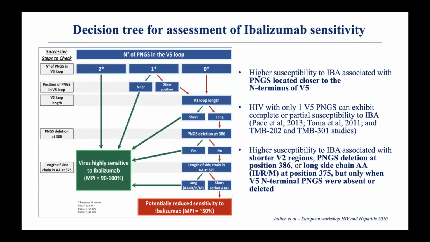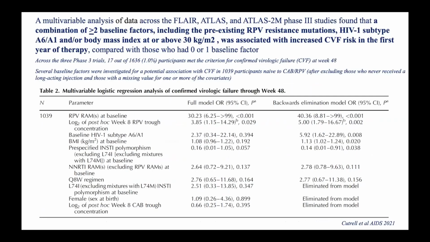So just to say how complicated it is to do so far about resistance for ibalizumab, and indeed we need to do the sequencing of the GP120. Finally, I want to speak for one moment about another drug combination that is very useful as a long-acting: rilpivirine with cabotegravir.